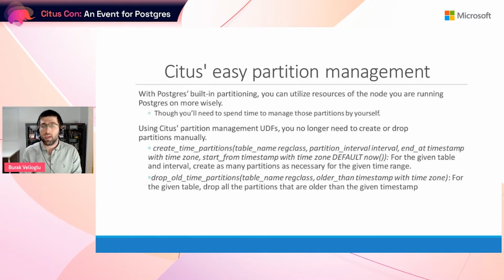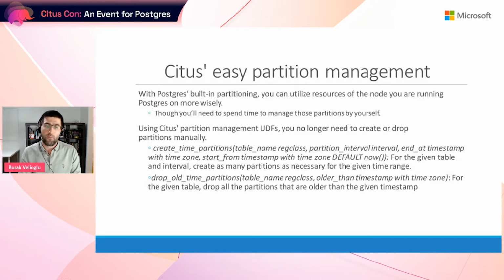So let's say you want to create daily partitions for the next 7 days, you can provide the interval as a day, and you can provide the end and start from timestamp to that function, and that function will create all the partitions for your needs. And let's say if you want to drop some partitions, if you don't need them anymore, you can drop them, which is generally the case with the time series workload as well.